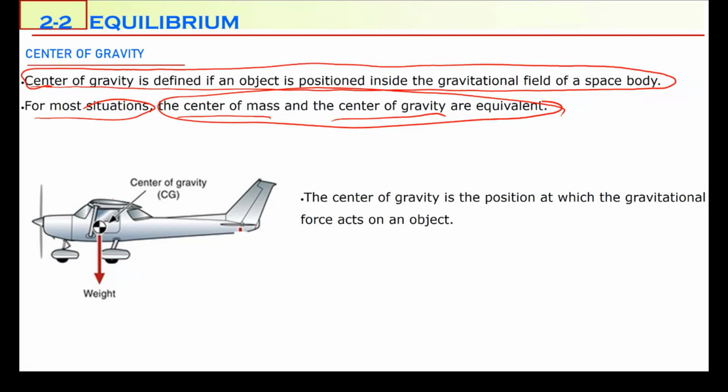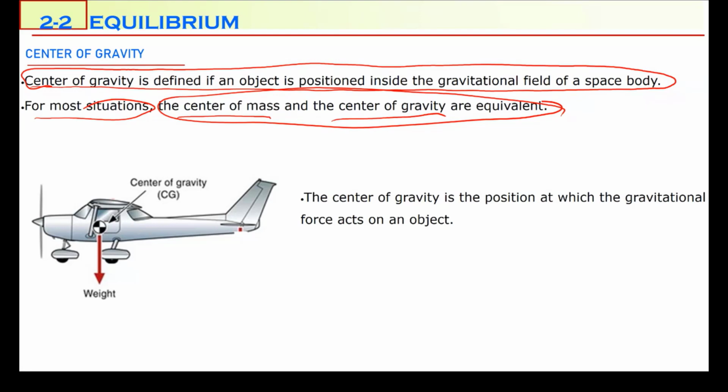You can only talk about center of gravity when an object is inside the gravitational field of a planet or of a moon or of a star. But center of gravity on the Earth and center of mass of an object on the Earth are equivalent, the same point. Where is the center of mass? That point is also the center of gravity.